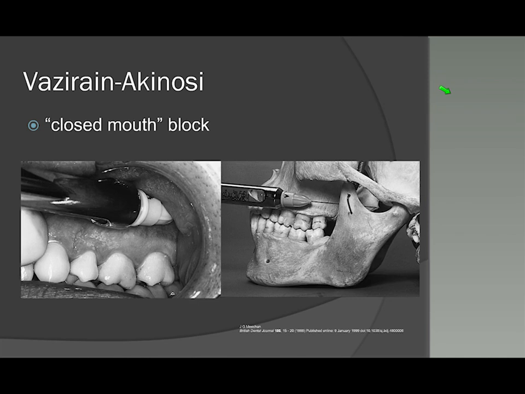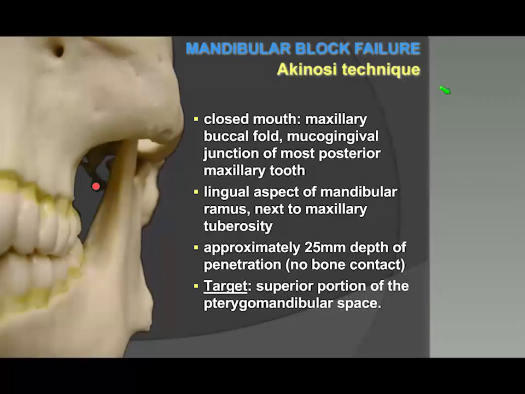So the Akinosi, I find this injection very helpful, especially on trismatic patients. It's a closed mouth block, rather long insertion there, and this is the target zone. It's done with the patient's mouth closed on the lingual side of the mandible, and you need to go back about 25 millimeters and deliver a carpule of local anesthesia.